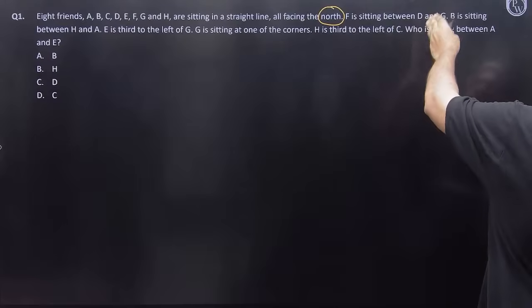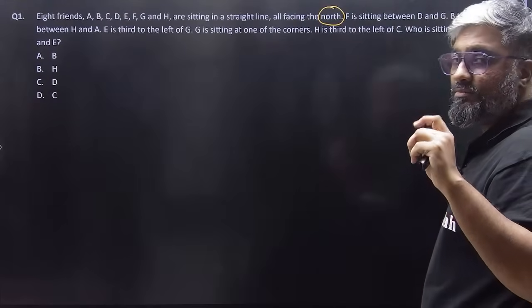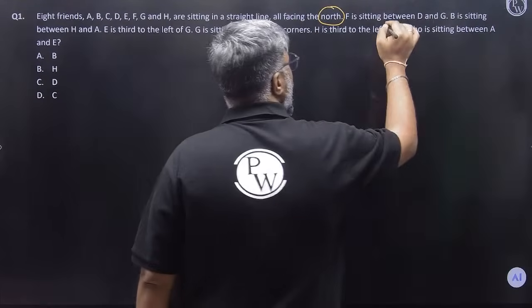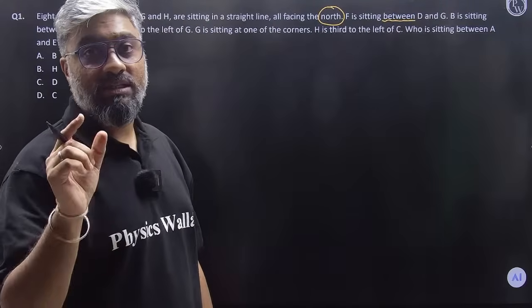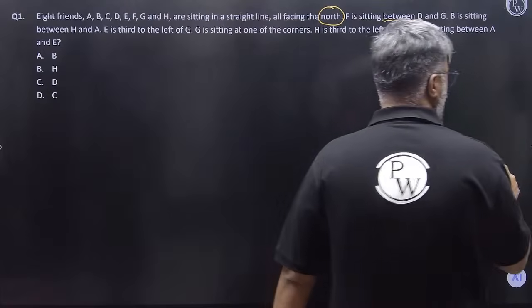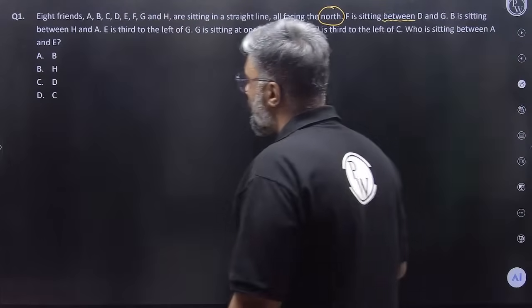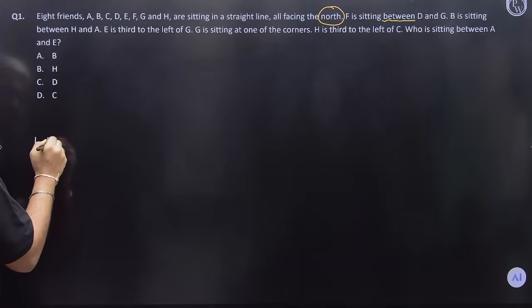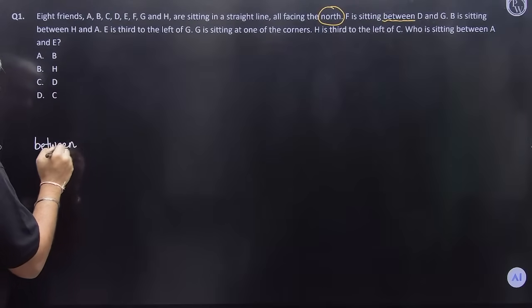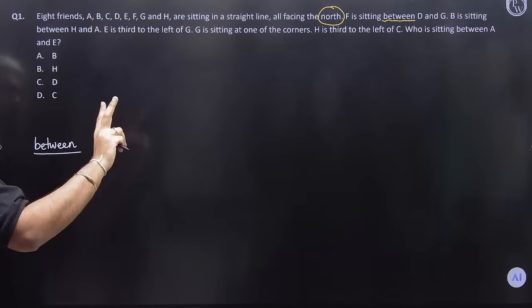F is sitting between D and G. Now have a quick read at it. When they use the term between, always remember, it could mean two things.